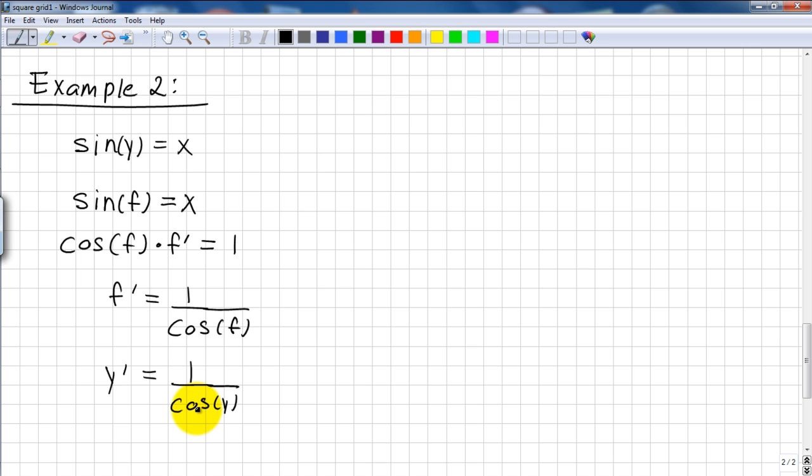Now, if you are new to implicit differentiation, you might be wondering why I ask people to replace y with f, and the reason for that is because from my experience of tutoring people, whenever they are doing implicit differentiation and they're about to, let's say, take the derivative of y, they think that this is equal to 1.